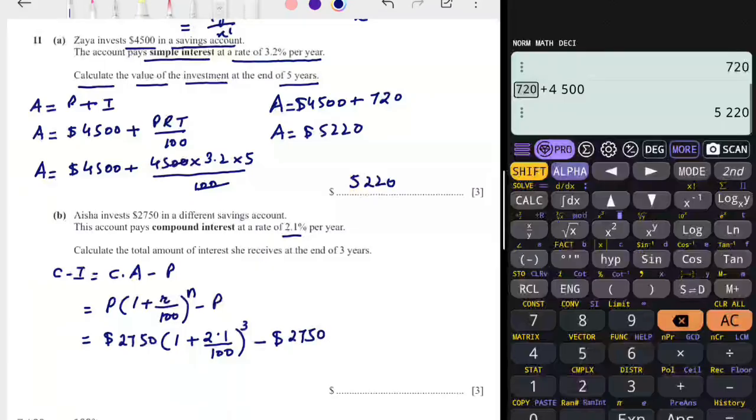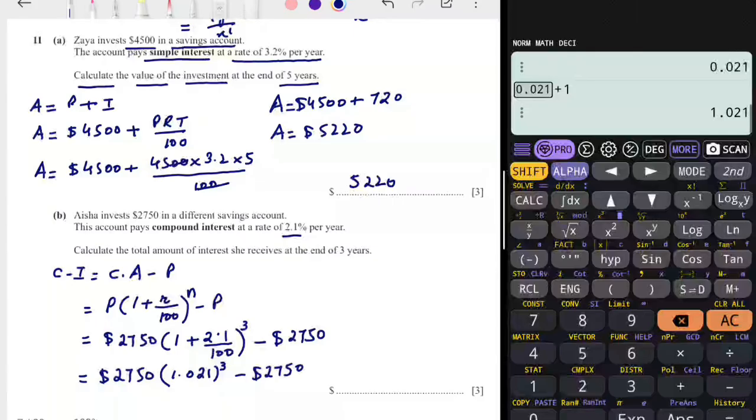So we will simplify it. So $2750, bracket opens, we use the calculator, 2.1 divided by 100 is equal to 0.021 plus 1, that is 1.021. 1.021 raised to power 3 minus $2750.